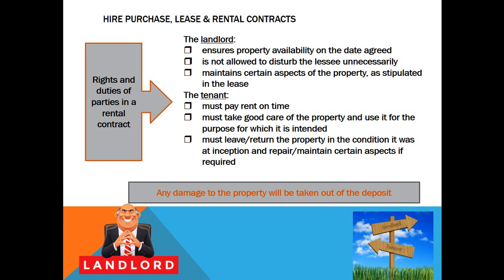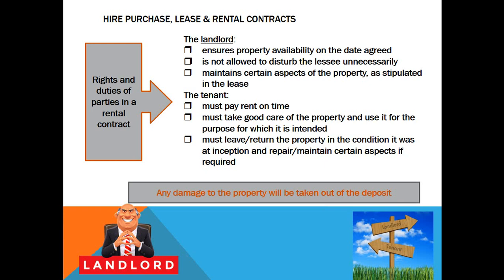If I'm renting that house, I still need to make sure that I look after the windows, and if one breaks, I replace it. Or if a light bulb goes, I need to put a new light bulb in. I can't be phoning the landlord to say, oh, the light bulb is blown. There's certain basic things that as a tenant you would do. You'd mow the lawn.